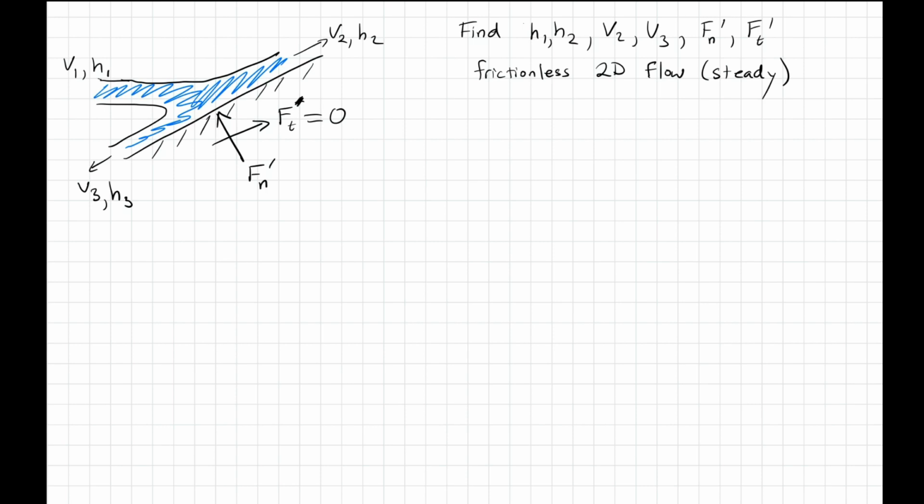So for a frictionless flow, there is no way to transmit a transverse force to a plate. So just by inspection, the transverse force, just as a physical principle, has to be zero.